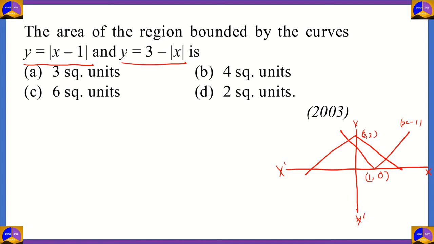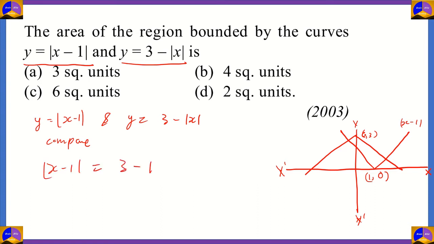So what we do is we take y equals mod of x minus 1 and y equals 3 minus mod of x. Over here you just need to compare. On comparing, you notice that the left hand sides are equal, so therefore mod of x minus 1 is equal to 3 minus mod of x. In this scenario, we're going to have two cases.